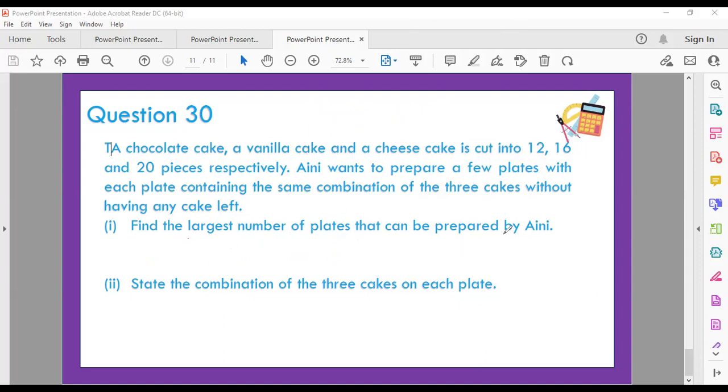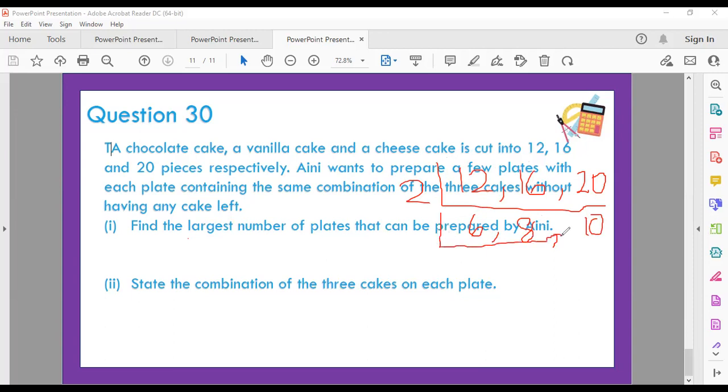So we write the 3 numbers out: 12, 16, and 20 pieces. First of all, I can divide easily by 2. That means I can take out 2 from every type of cake. So this will become 6, 8, and 10. Let's see if I have another common factor that I can still take out.